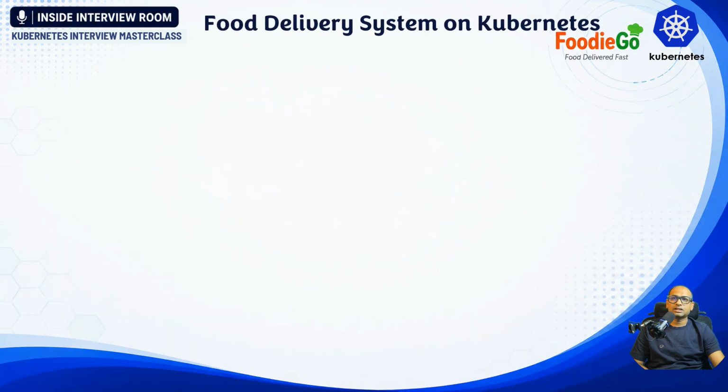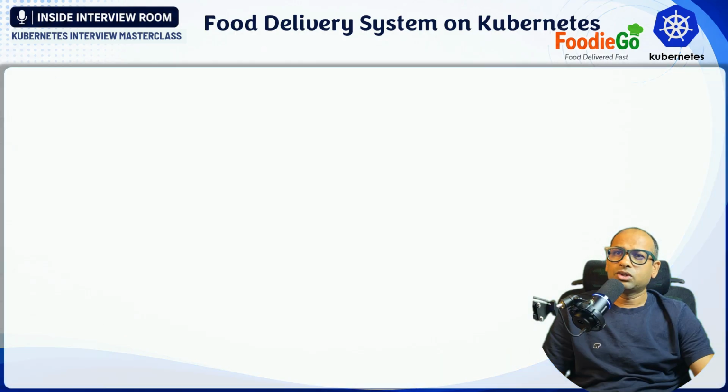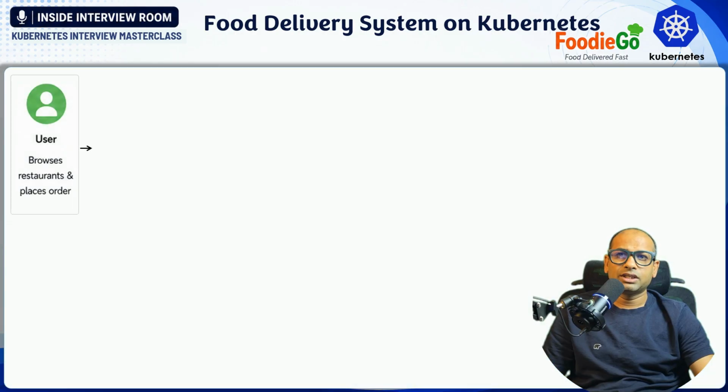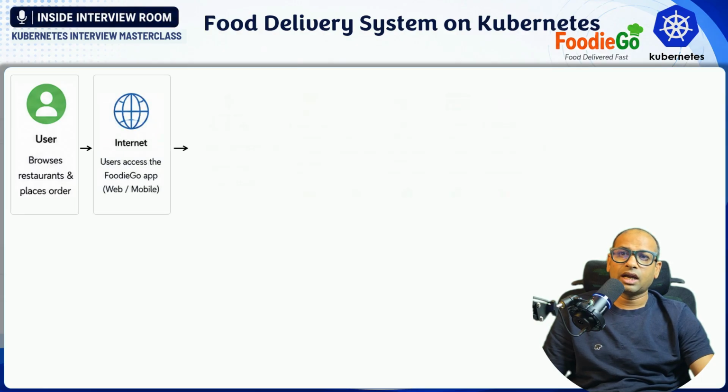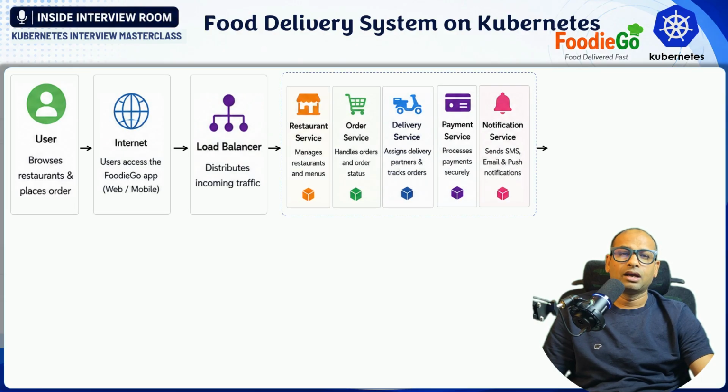Let's understand this with a real-life example from a food delivery system on Kubernetes. The user browses restaurants and places an order. It goes through the internet, the user accesses the Foodie app, web or mobile, and then it goes to the load balancer, which distributes incoming traffic to the different services: restaurant service, order service, delivery service, payment service, notification service.